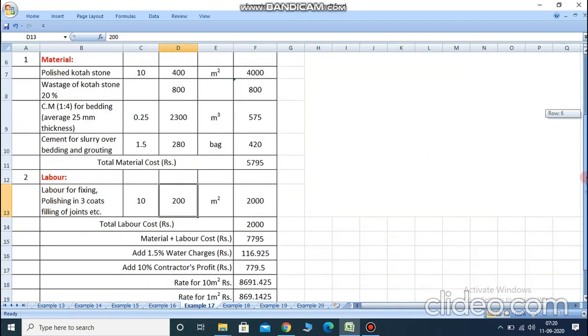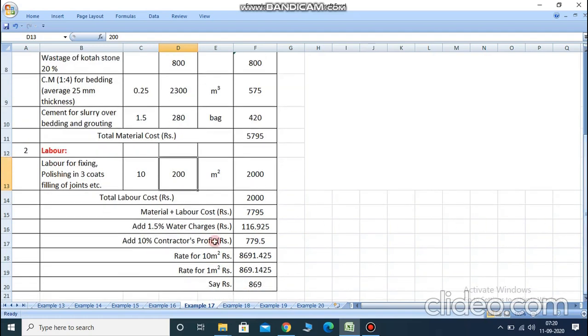Now summation of the material cost 5795 plus 2000, we got 7795, and we include the 1.5% water charges. 7795 multiplied by 1.5% gives 116.95. Now we add 10% contractor profit. 7795 multiplied by 10% gives 779.5.